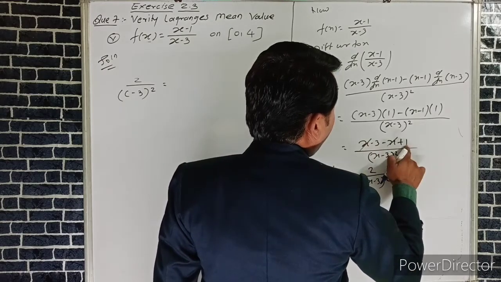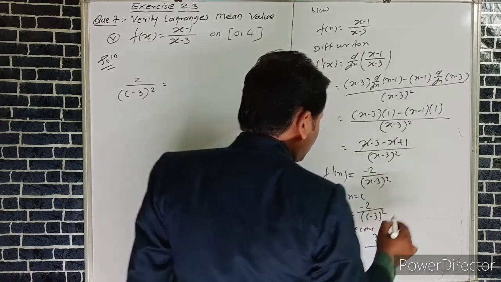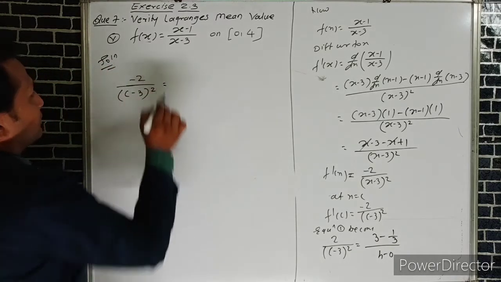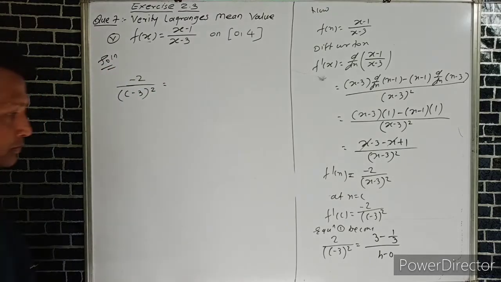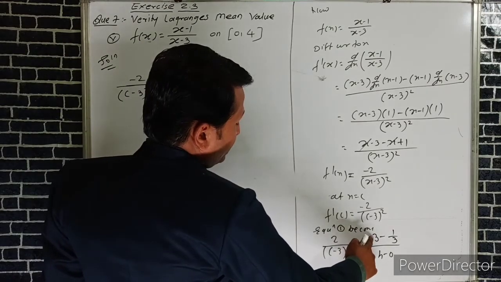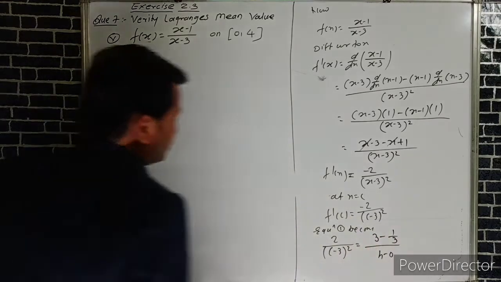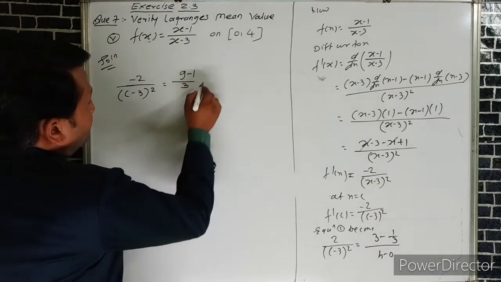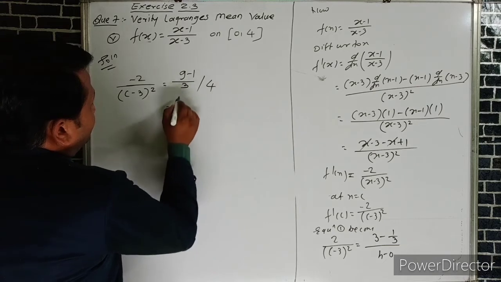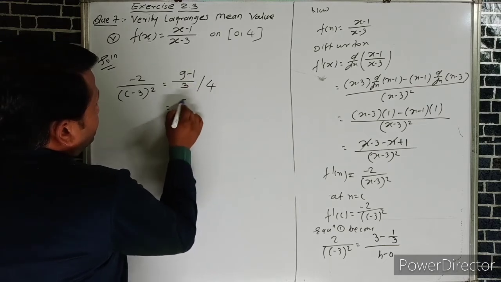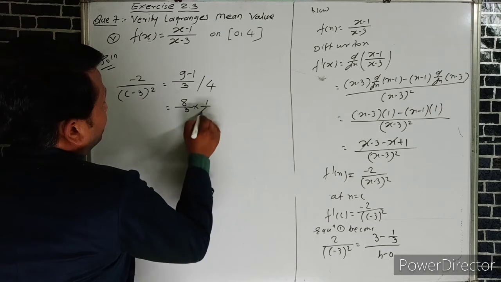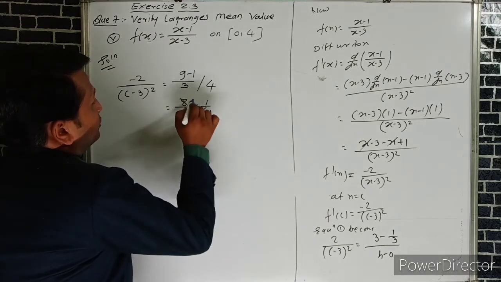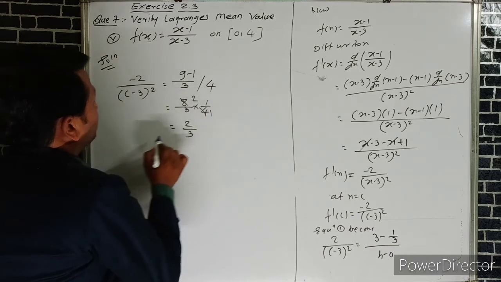If we take an equal denominator, 3 into 3 is 9, minus 1 upon 3, upon 4 minus 0, 4. We can write it as 9 minus 1, which is 8 by 3 into 1 by 4. So 4 1s are 4, 8 2s are 8, we can write 2 by 3.